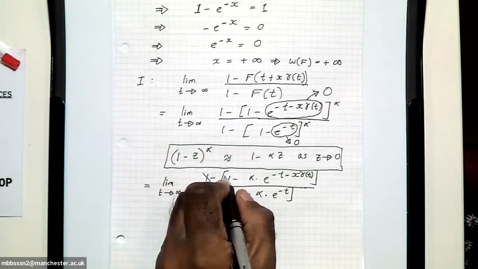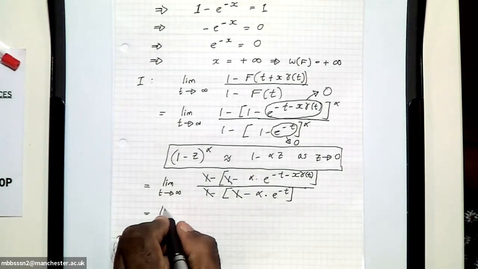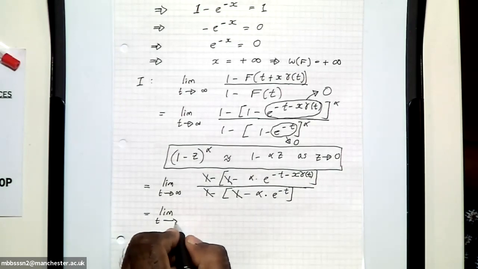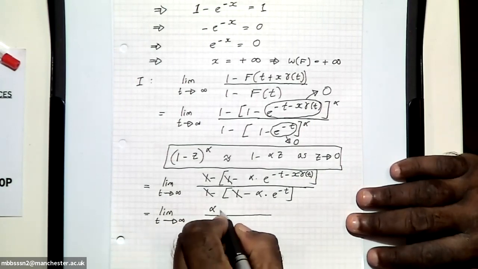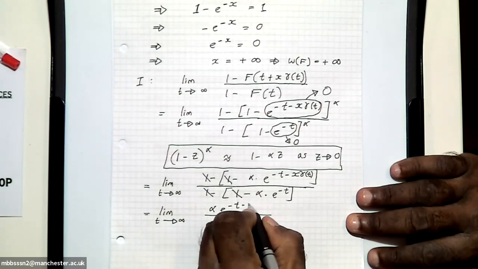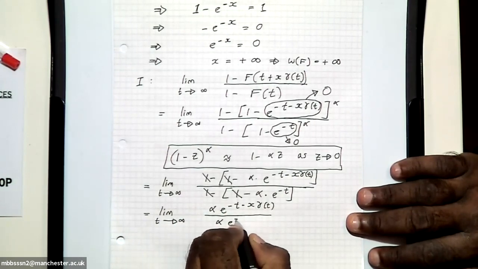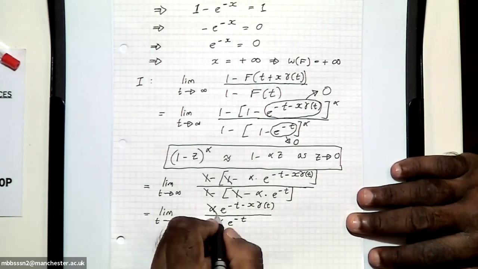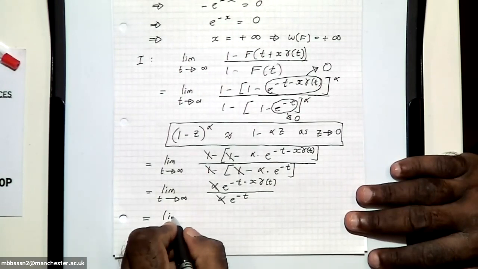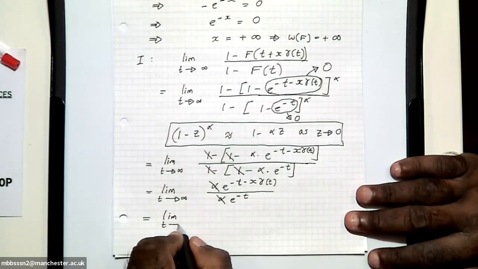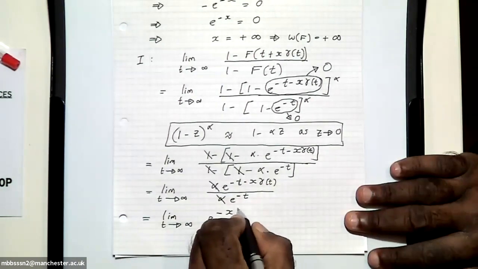Now the 1 and the 1 cancel. So you get the limit as t approaches infinity of alpha. Now the alpha and the alpha cancel. So this becomes the limit as t goes to infinity of e to the minus x gamma of t.